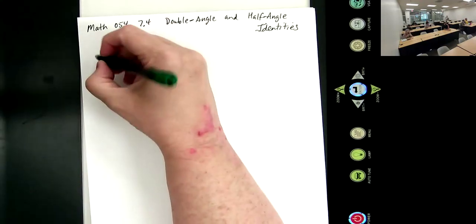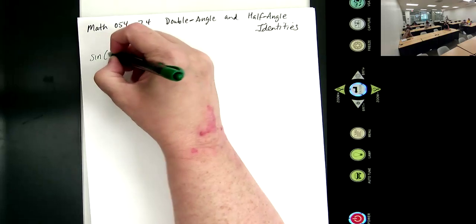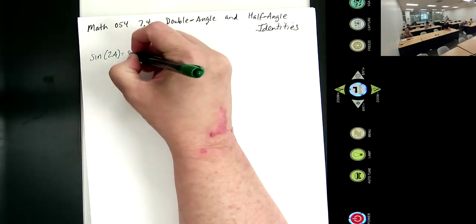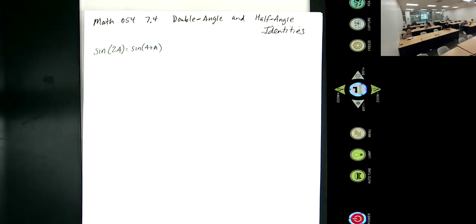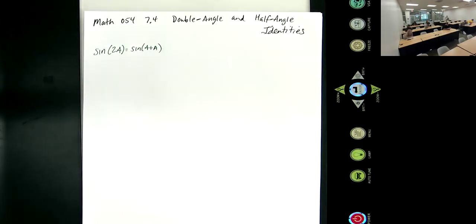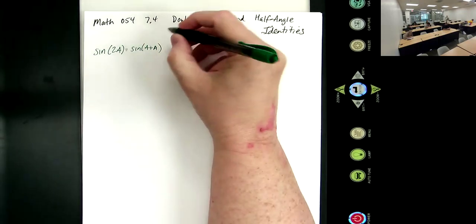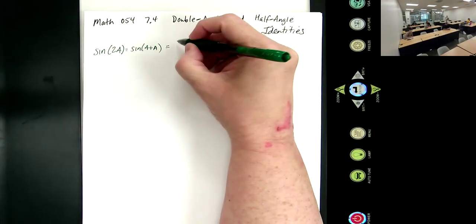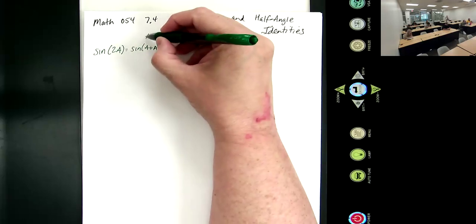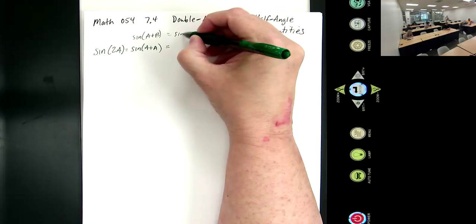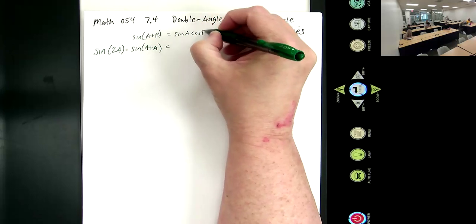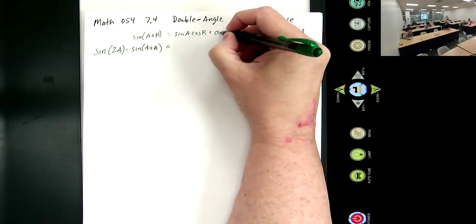So sine of 2a is the same thing as sine of a plus a. And so remember, if we had a plus b on sine, it would be sine a cosine b plus cosine a sine b.